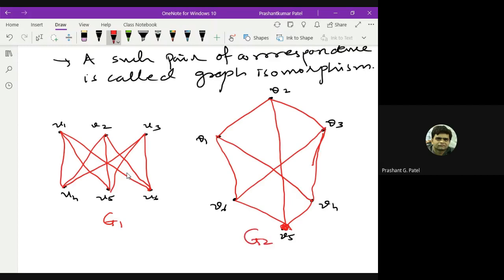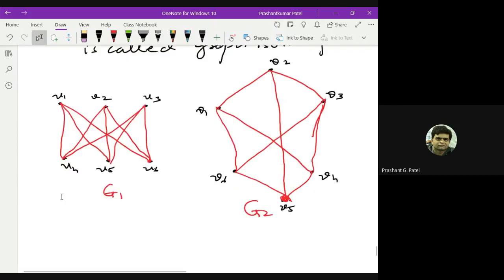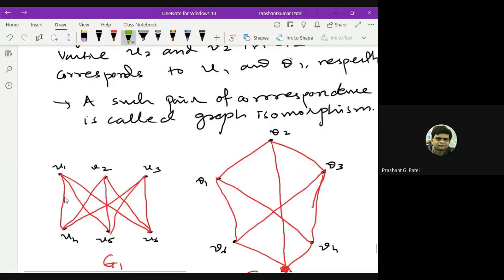This G1 and G2 are actually isomorphic graphs. So I am writing a question here. Example: show that G1 and G2 plotted here are isomorphic graphs.